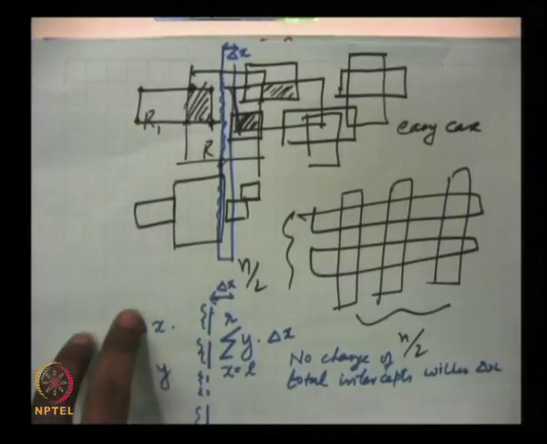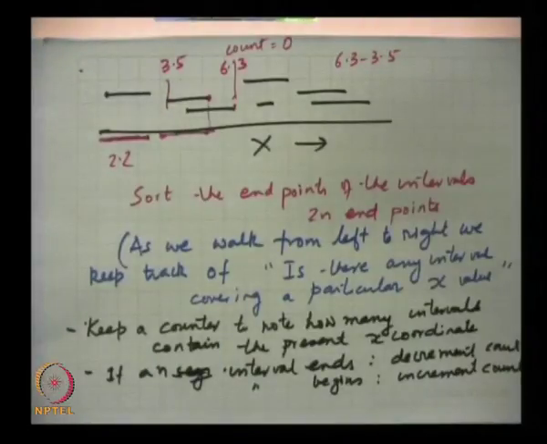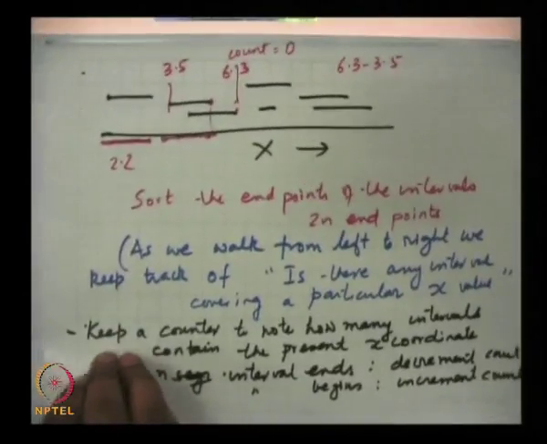So, what is being observed here is that the total complexity should be n square. Why is the total complexity n square?